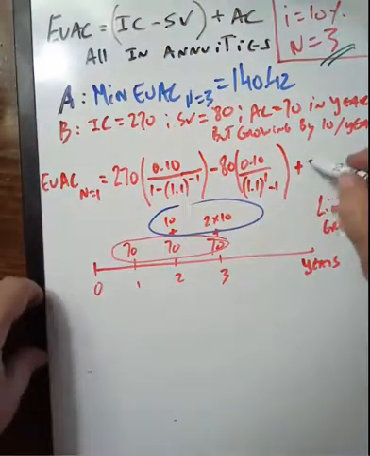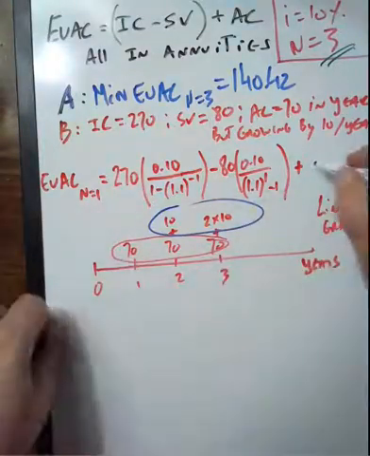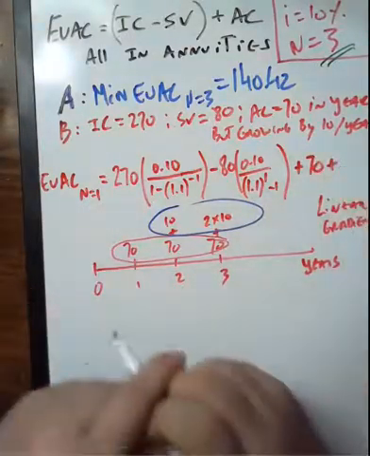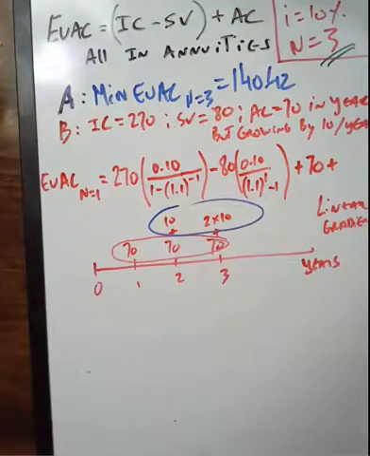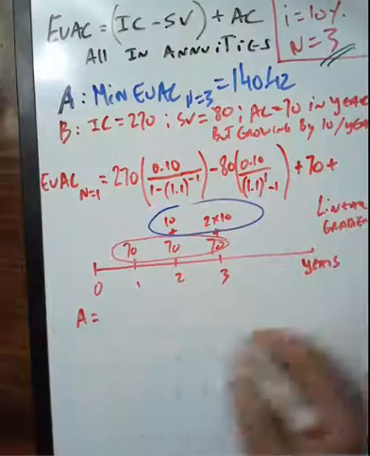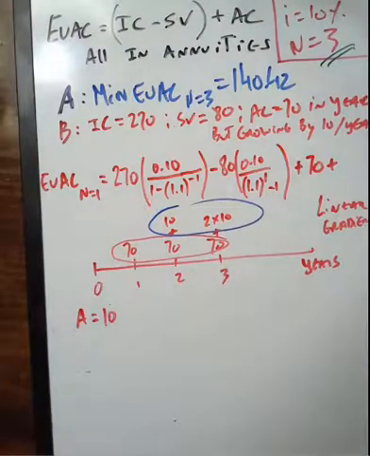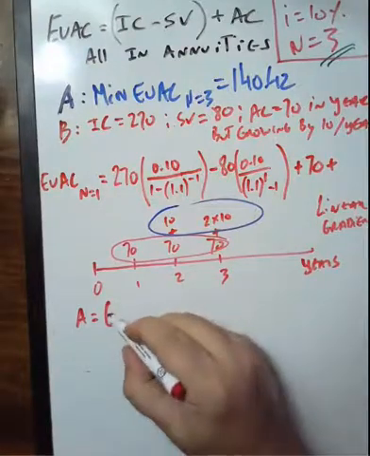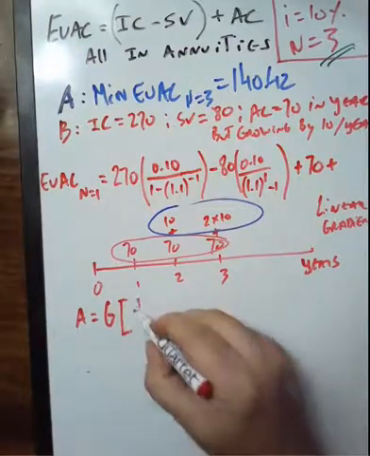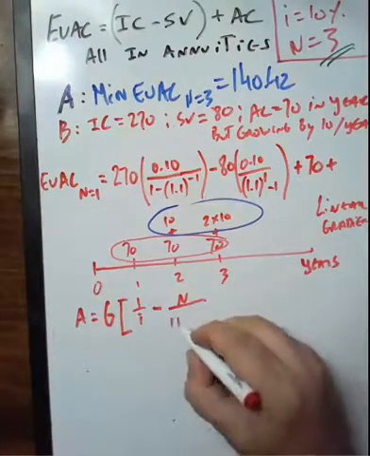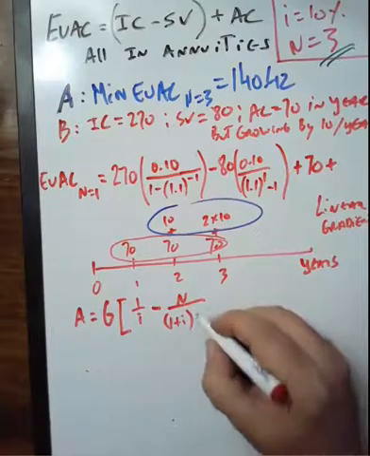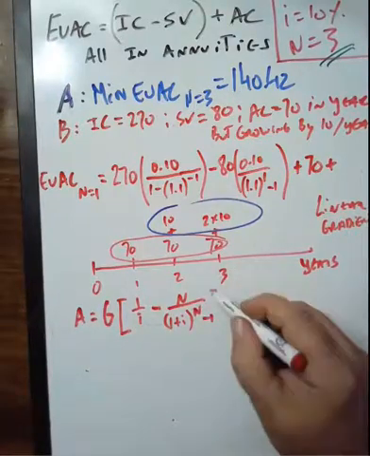So remember, here I'm going to have the 70 flat, and now I need to annualize this. That's the A given G formula on page 21. So to annualize that, the gradient is 10. Let's just write here the formula so you remember. A given G is equal to 1 over the interest rate minus n divided by 1 plus i to the power of n minus 1.